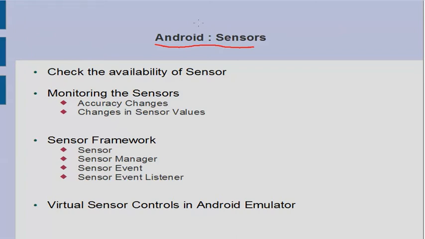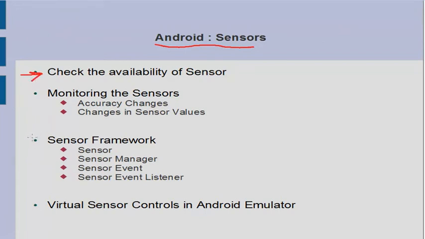So the first thing that we need to do while programming, or while doing certain implementations of any of these sensors that can be on the mobile phone, is to find out whether that particular sensor, whether temperature, pressure, gravity, acceleration, linear acceleration, orientation, or whatever, is actually available on the device or not. So first of all, we will check the availability of the particular kind of sensor on the device.